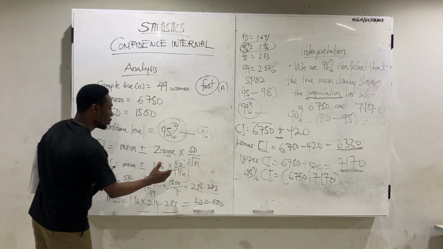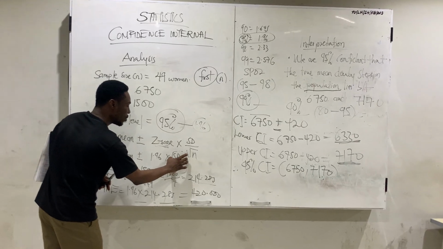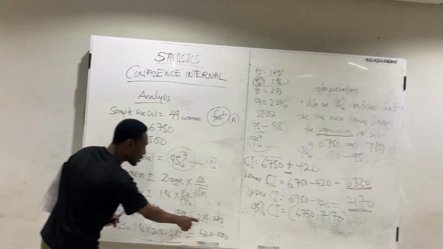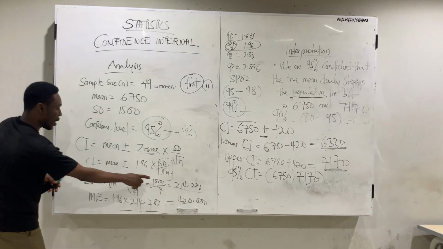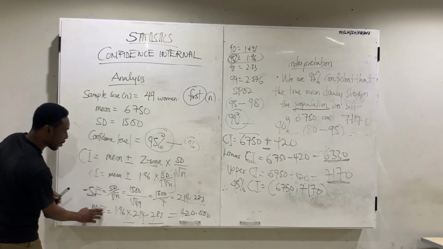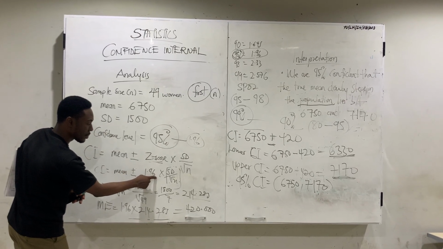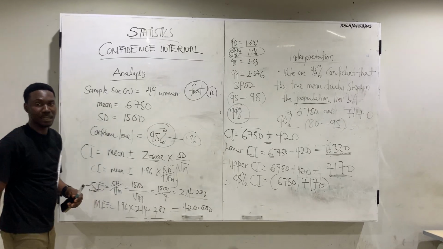Then you calculate the margin of error. How do you calculate the margin of error? The answer you have for the standard error multiplied by the Z-score. When you calculate the standard error, you have 214.285. After getting that, the margin of error: you multiply the Z-score, which is 1.96, by 214.28, then you have 420.